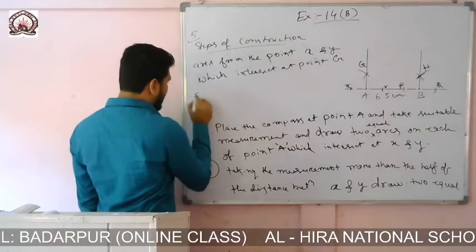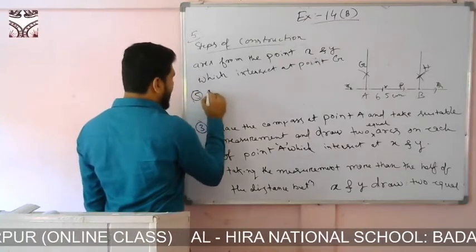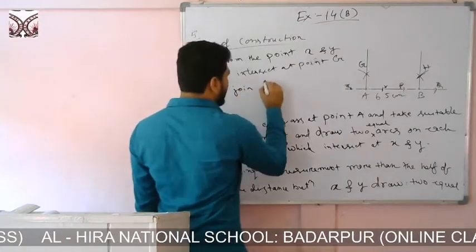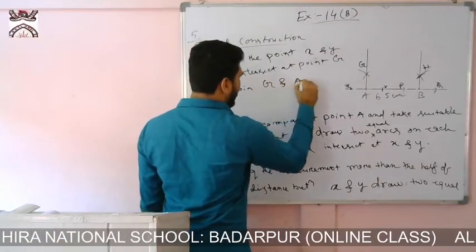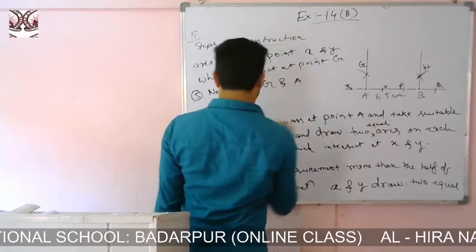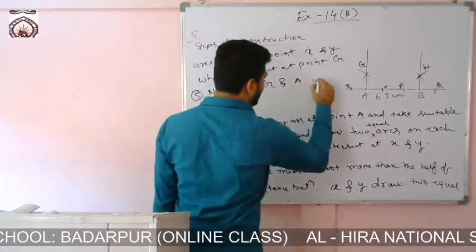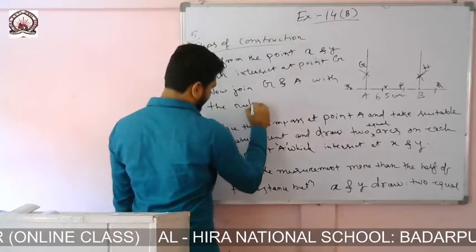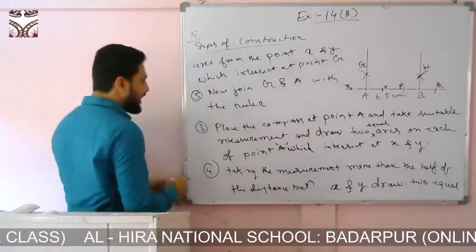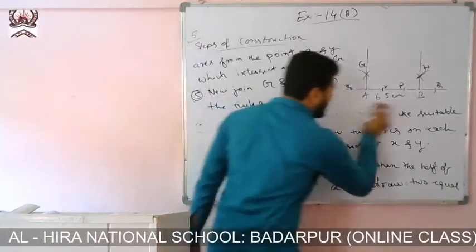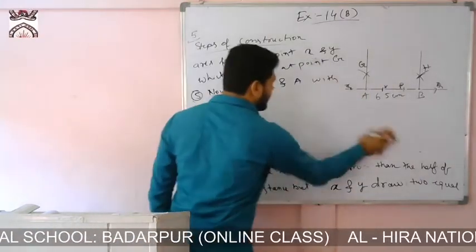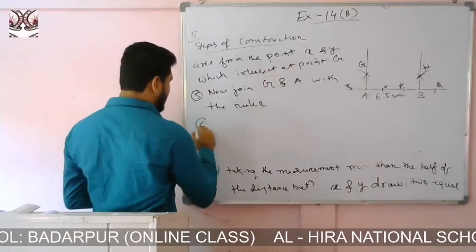Number 5. Now join G and A with the ruler. Now we'll get the perpendicular line. Number 6.